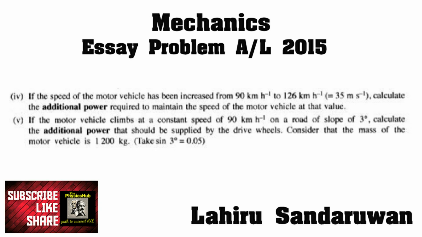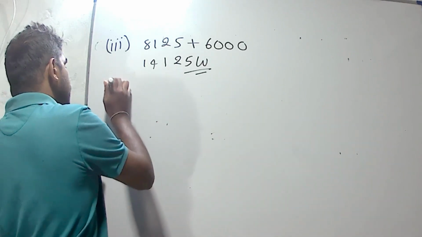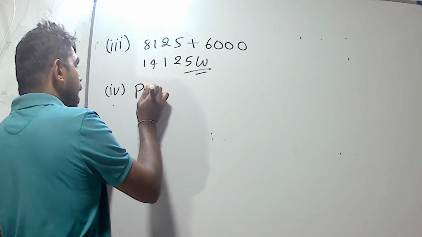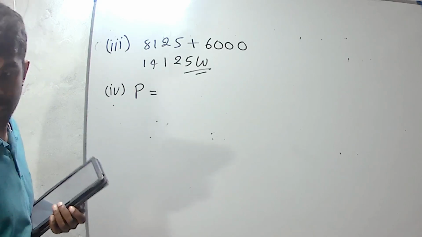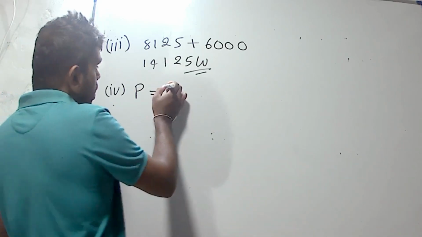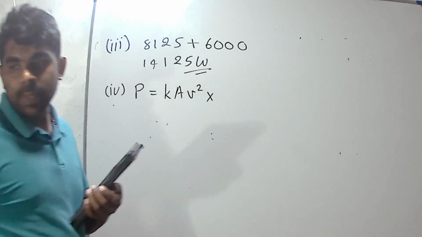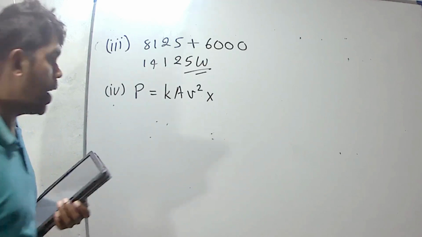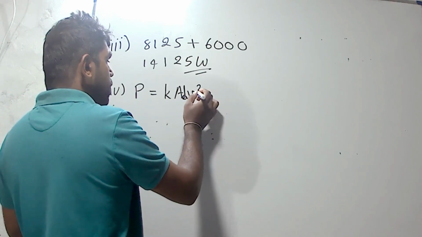In part 4, if the speed of the motor vehicle has been increased from 90 to 125 kilometers per hour, calculate the additional power required to maintain the speed of the motor vehicle at that value. Now we have to find the new power required to do work against the drag force. Drag force is KAdv squared, multiplied by velocity.